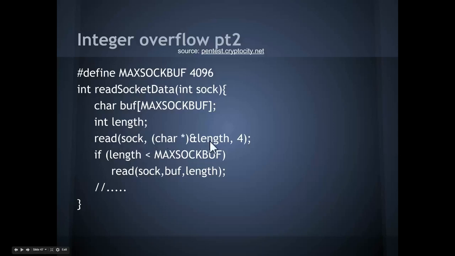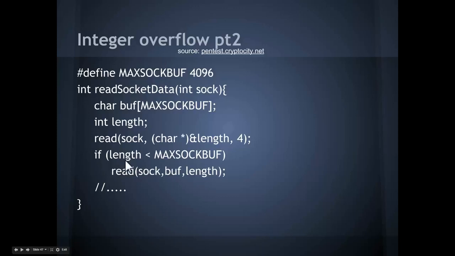Usually the first 4 bytes in, say, a 32-bit system on the socket buffer are going to denote the length of that packet to read in. So if that's the first thing we read in and say it's extremely large, and the most significant bit is set, then it's going to evaluate to a negative number.